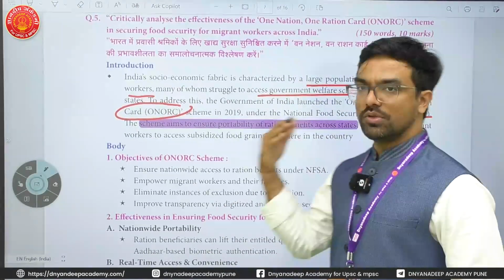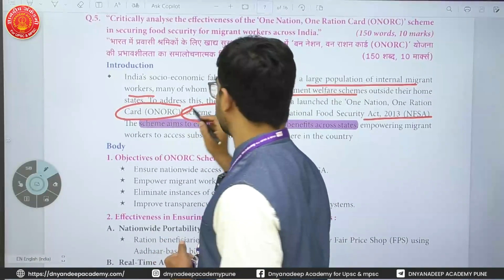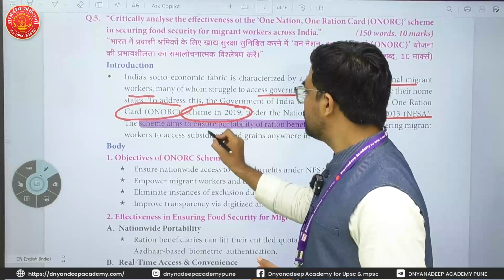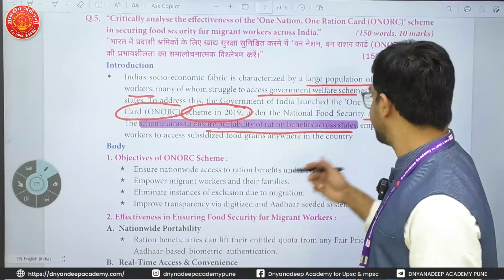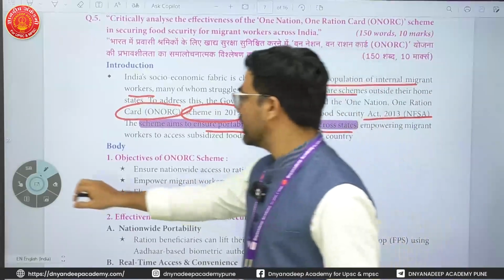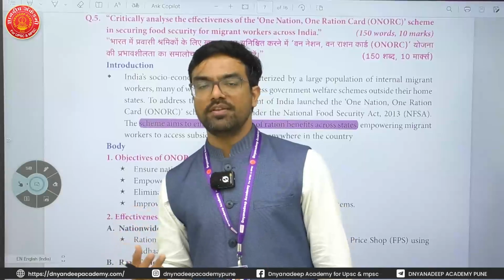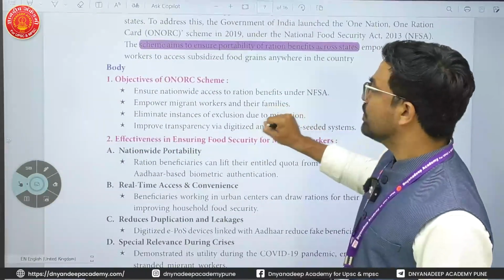The scheme was launched in 2019, and its aim is to ensure portability of ration benefits across the states, empowering migrant workers and all. But the main aim is to ensure portability of PDS benefits across the states. That was the main aim of the scheme.